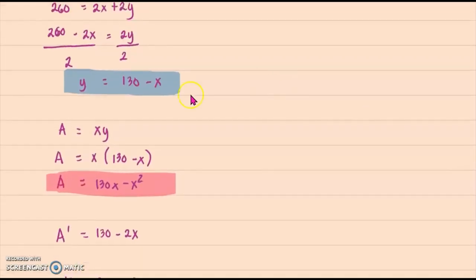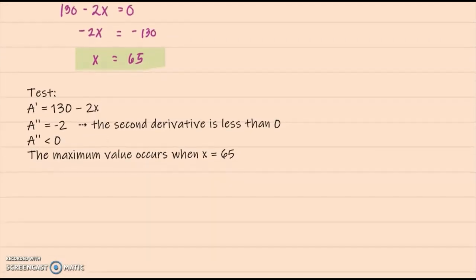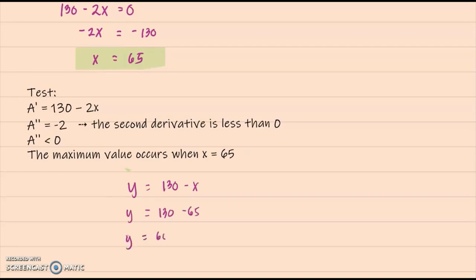We will use y equals 130 minus x, this equation, to solve for the value of y. So y is equal to 130 minus x. So y is equal to 130 minus 65. y is equal to 65.